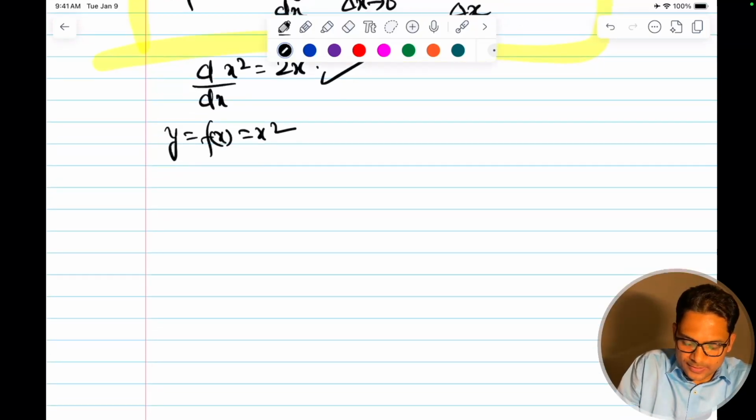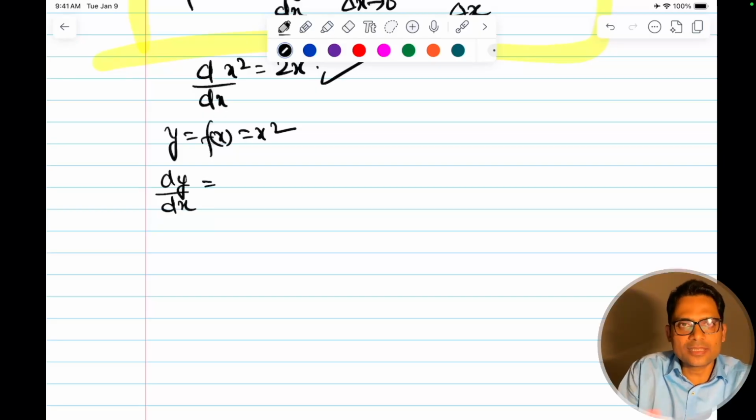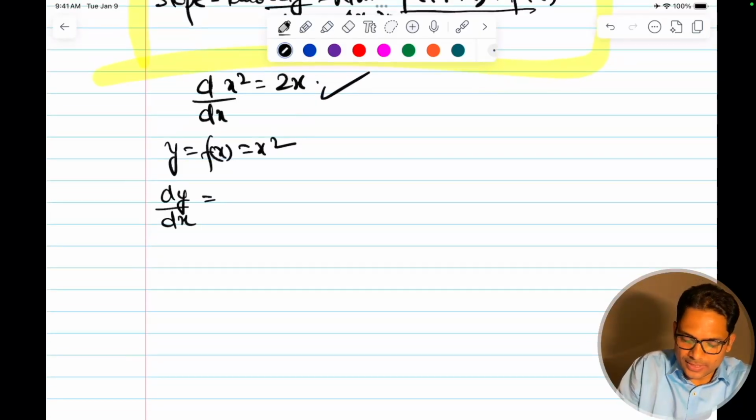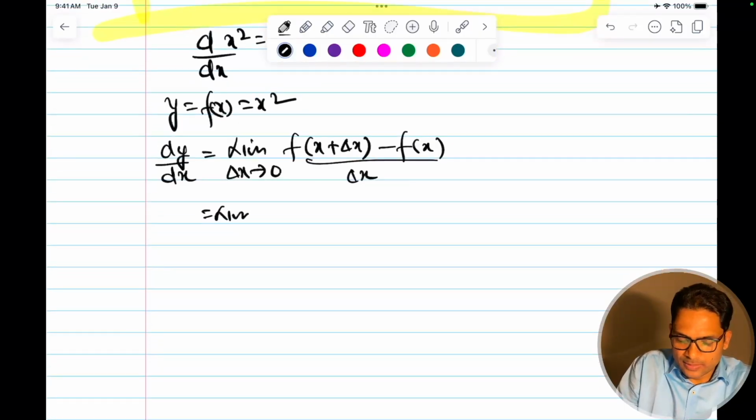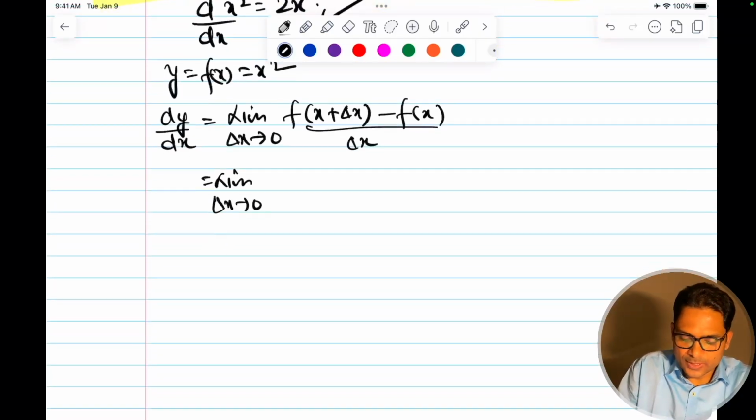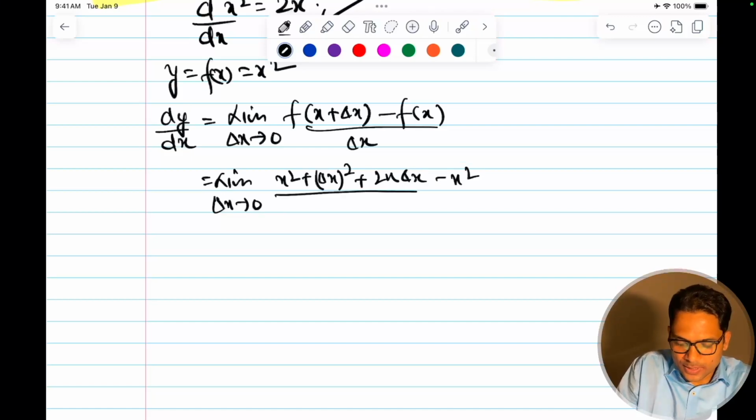So my dy by dx or tan theta will be equal to limit delta x tends to 0 of f of x plus delta x minus f of x by delta x. My f of x is x square, so f of x plus delta x is x plus delta x whole square, that is x square plus 2x delta x plus delta x square, minus x square, by delta x.